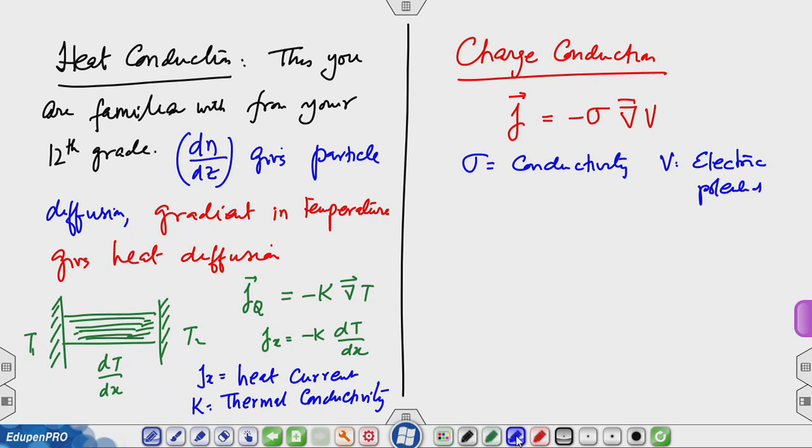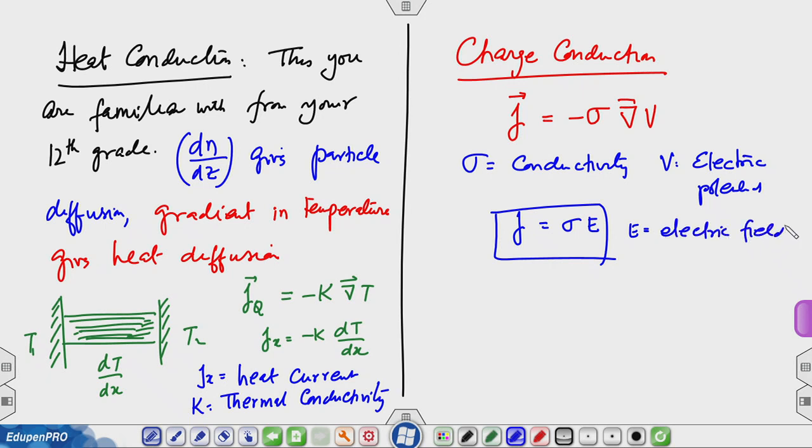And the form you have seen it in is J equals sigma E, with E being electric field. So you have to apply an electric field, and that gives rise to a charge transport from one side to the other.